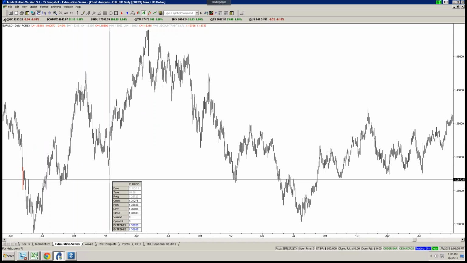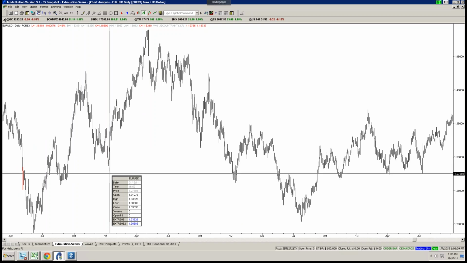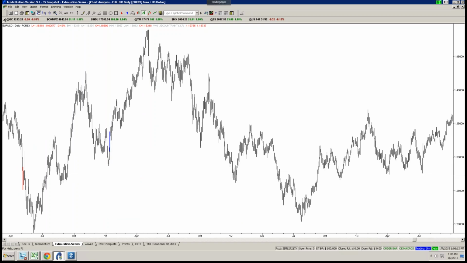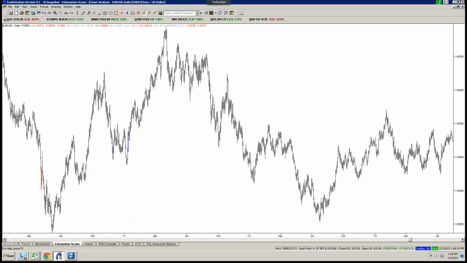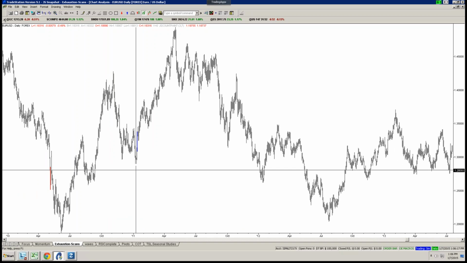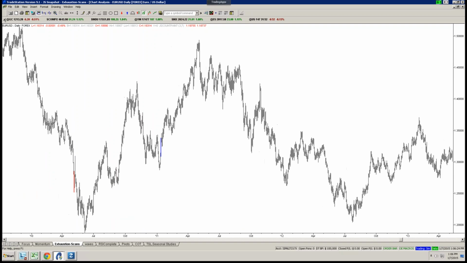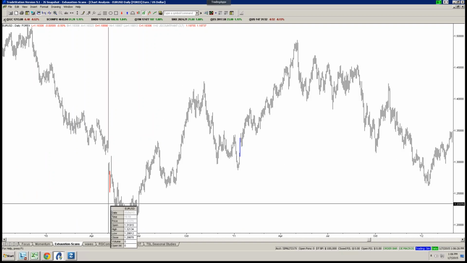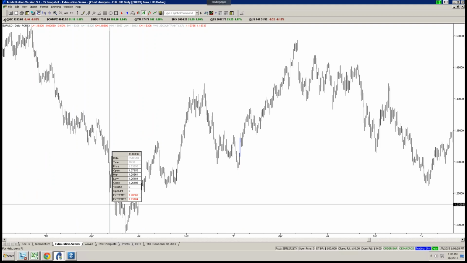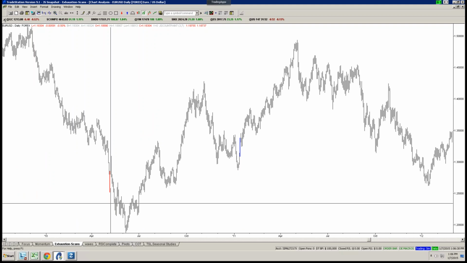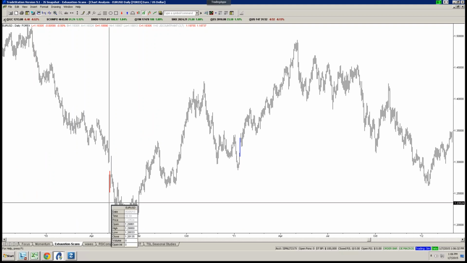Well, yesterday we had one in euro yen. It was -7. And then the day before that, we had one in the euro dollar that was -7. So what I wanted to do was show you guys when we've gotten these extreme readings on the euro dollar of positive 7 or negative 7, specifically negative 7, because that's what we got here.